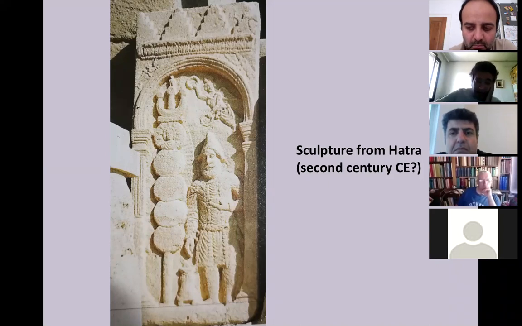And also in Hatra, we have this kind of monument, which is probably in this relief I'm showing you in this slide, another architectonic element which is very similar to Taq-i Bustan.